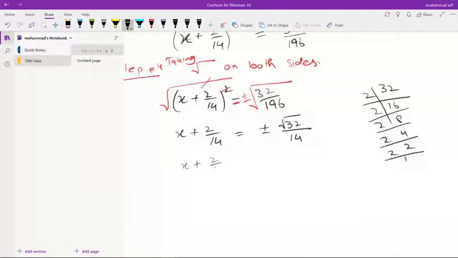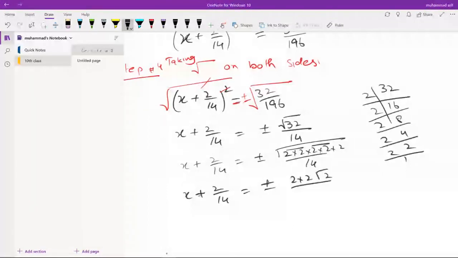So x plus 2 by 14 equals plus minus square root of 2 into 2 into 2 into 2 into 2, divided by 14. This pair and this pair come out of the square root: 2 into 2 square root 2 by 14.